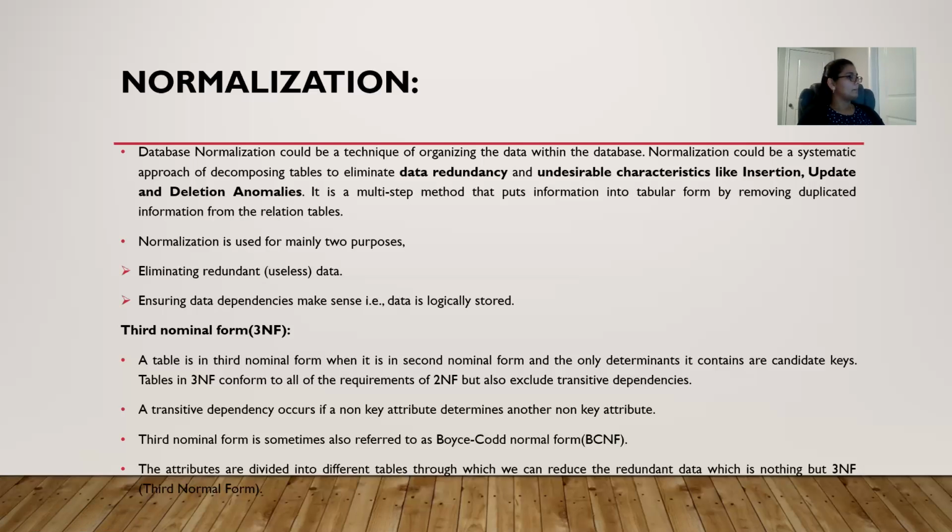Let's see. A transitive dependency occurs if a non-key attribute determines another non-key attribute. Third normal form is sometimes also referred to as Boyce-Codd normal form. So in this project, the attributes are divided into different tables through which we can reduce the redundant data, which is nothing but third normal form.